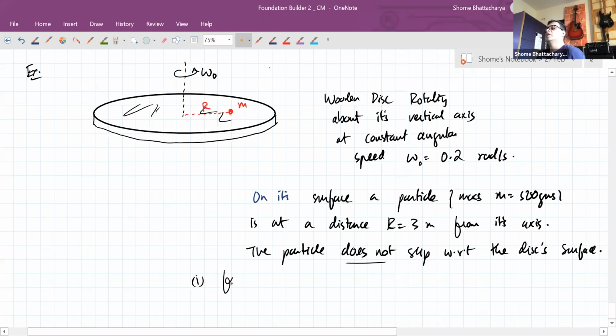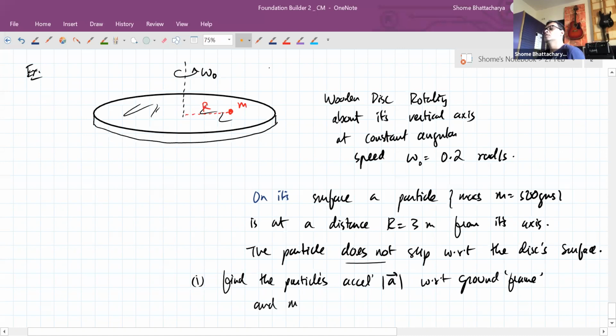So first of all, find the particle's acceleration, magnitude of acceleration A, with respect to the ground plane, and make its free body diagram in the ground plane, which will be an inertial plane.